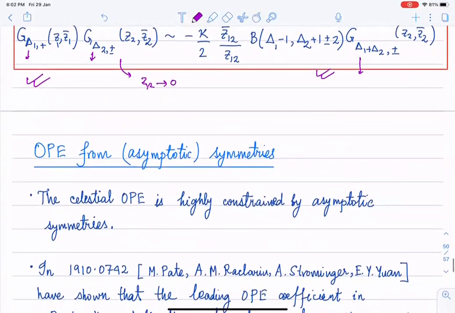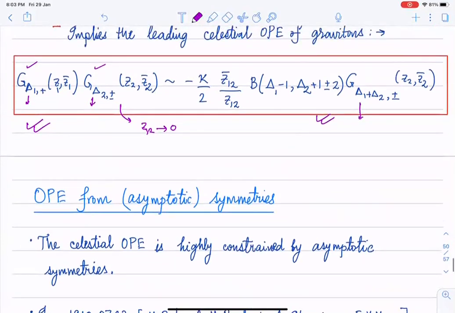Okay, so let me make a few comments. We have been talking about all these infinite dimensional symmetries, which follow from various soft factorization theorems in the celestial CFT. It turns out that these asymptotic symmetries highly constrain the form of this operator product expansion.